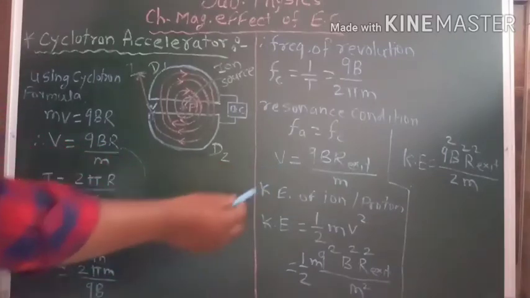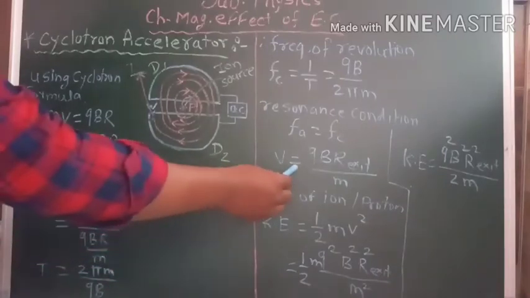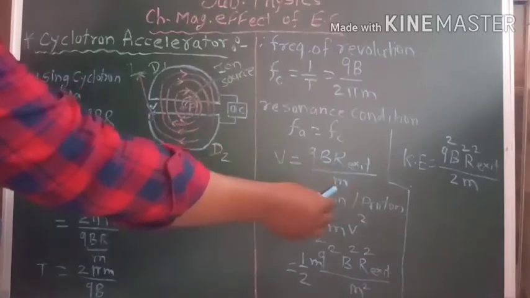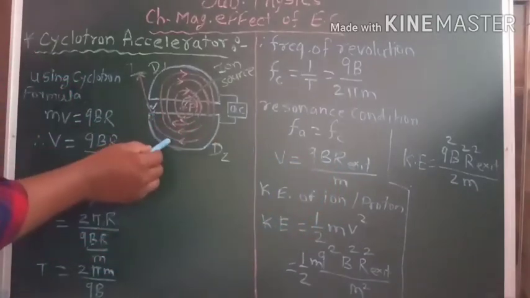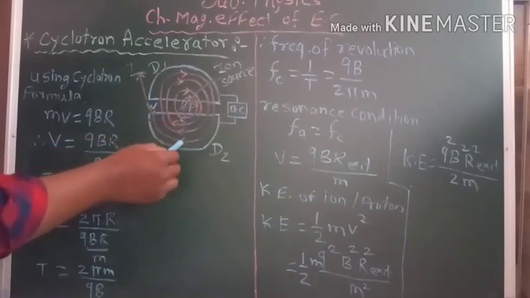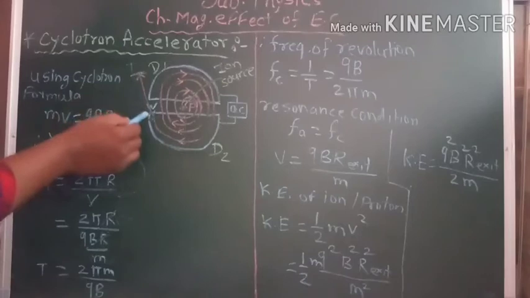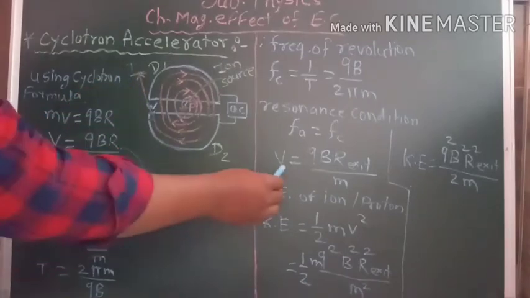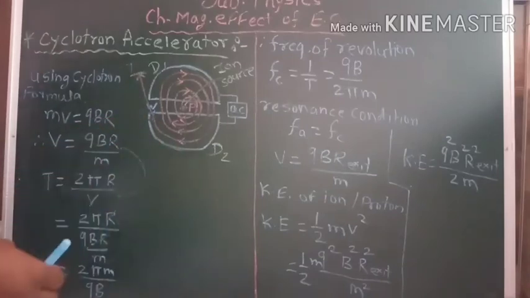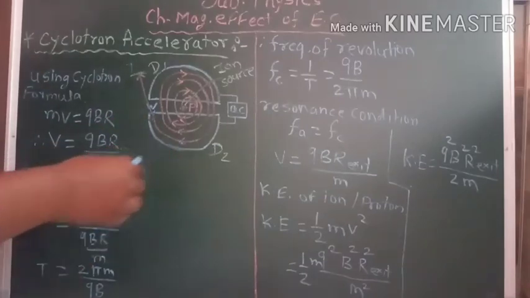Therefore from this equation, v is equal to QB R exit upon m. This is the velocity of the ion particle when the radius is large, that is R exit, where the beam exits from the Ds. The velocity is large at this large radius.